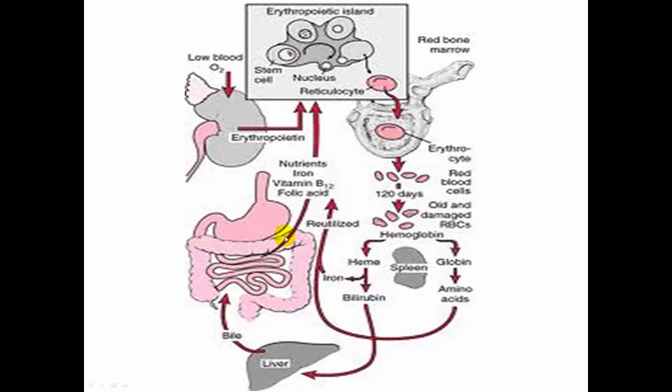So back to the intestines, we see that they're in the small intestine here. We have areas that are important in the absorption of iron, the absorption of vitamin B12, which you've already talked about in Unit 7 in Foundations, and the absorption of folic acid.